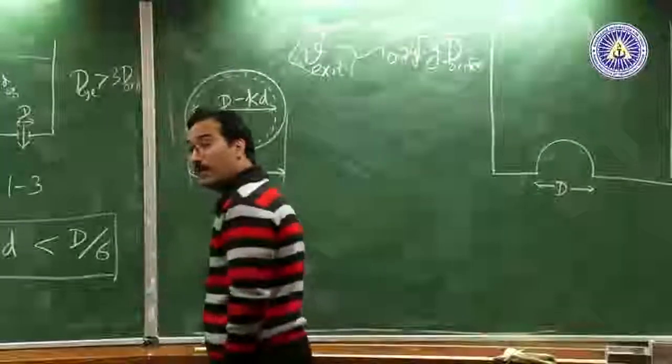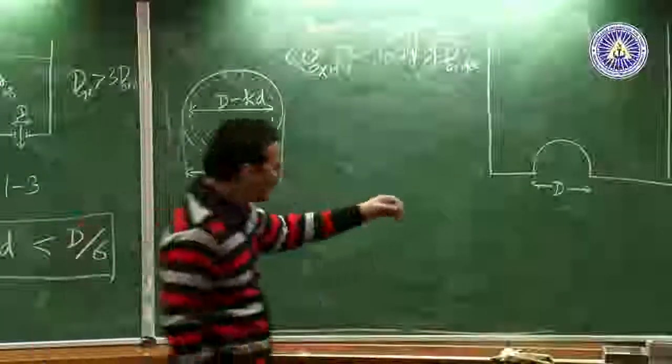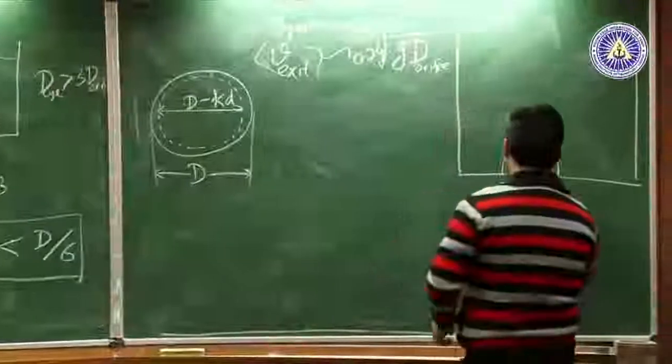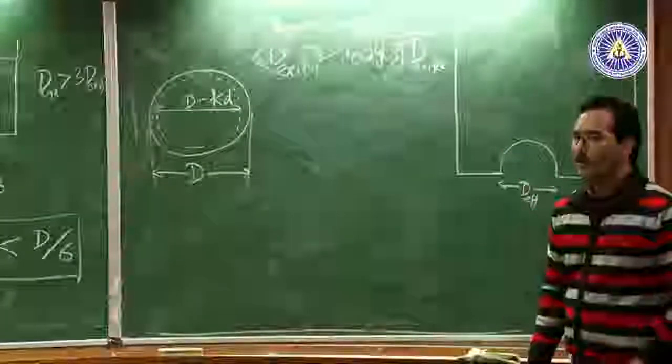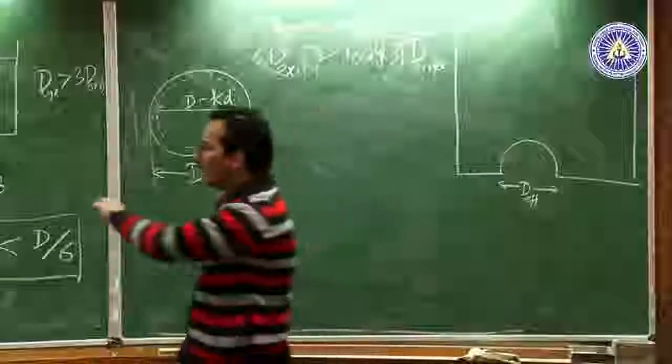And what happens to the factor minus kd in that expression? You just assume that this is your D effective. I'll come back to why this is coming.